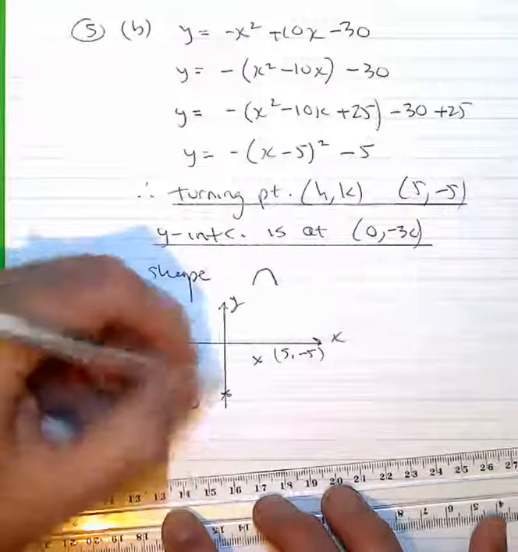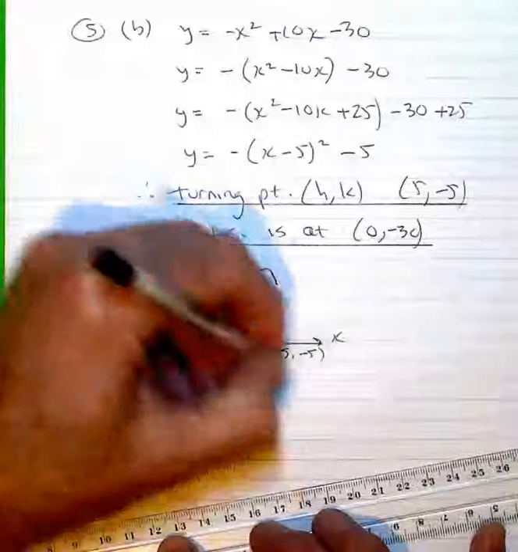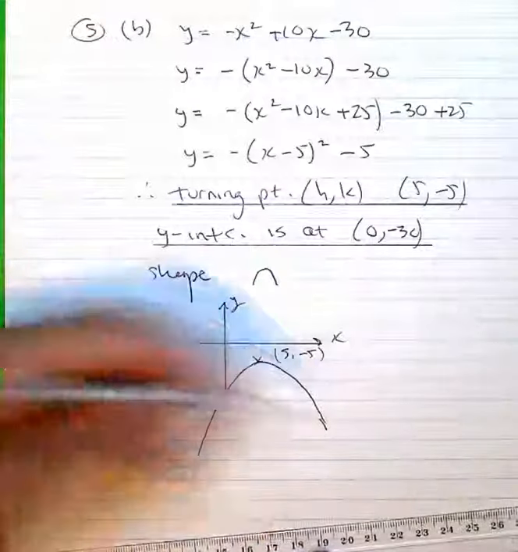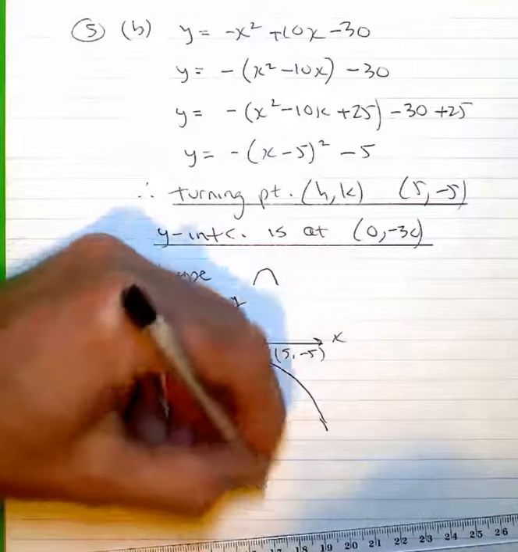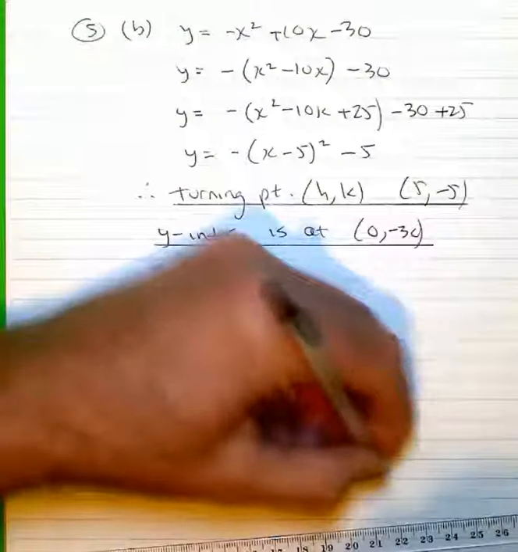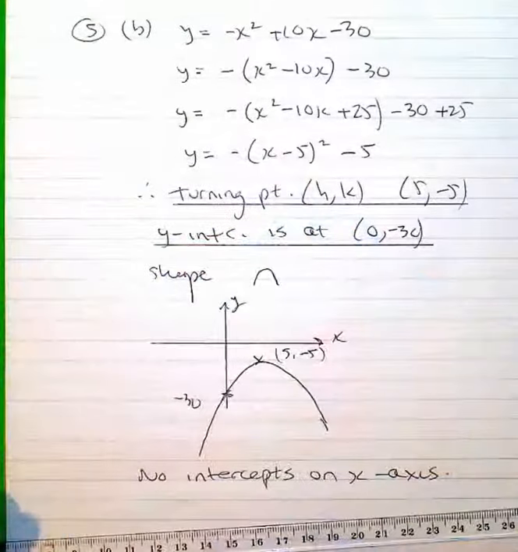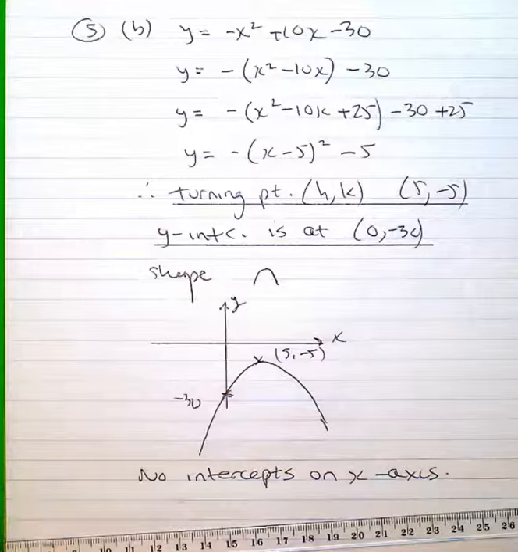And you can check this on your calculator if you wish. There are no x-intercepts. Now if you want, check that out on your calculator as well just to confirm.